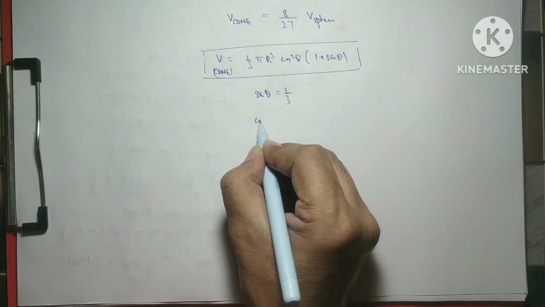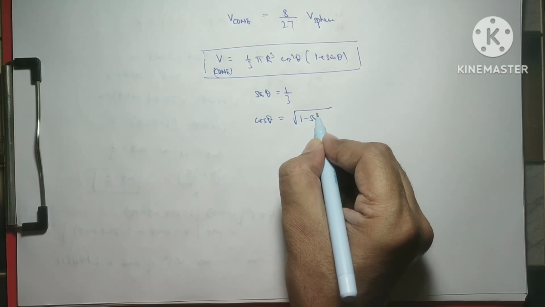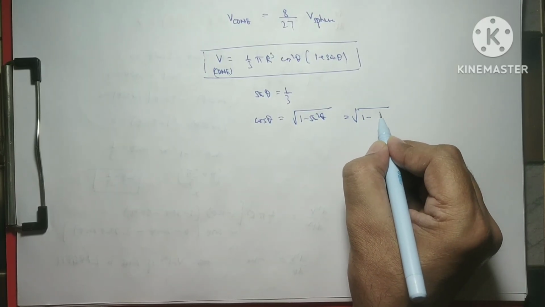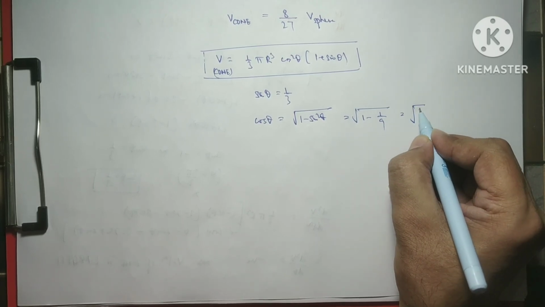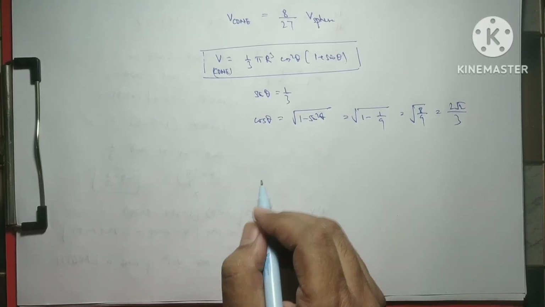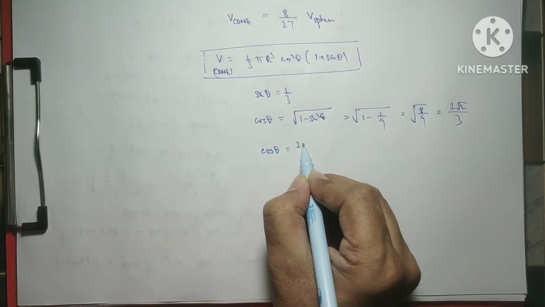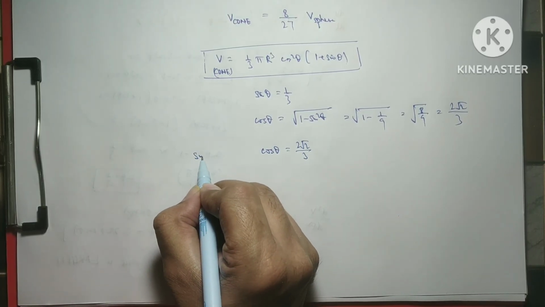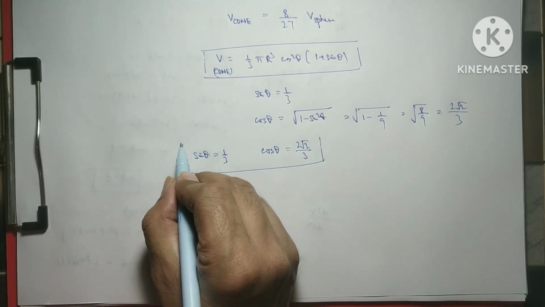So cos theta will be under root 1 minus sin square theta. On putting this value, under root 1 minus 1 over 9, you get 8 over 9, under root 8 over 9 means 2 root 2 over 3. So this is the value of cos theta. So cos theta is 2 root 2 by 3 and sin theta is 1 by 3. So put these values in the volume expression.